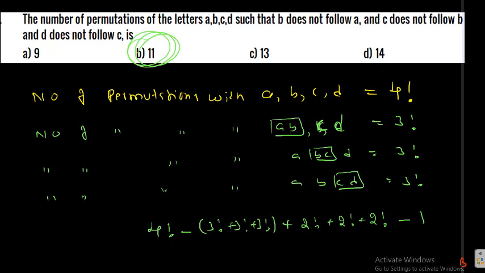So this is the answer for the problem. 24 minus 18 plus 2, 6 minus 1, that is equal to 30 minus 19, that is equal to 11. So 11 different 4-letter words you can create so that b should not follow a, and c should not follow b, and d should not follow c.